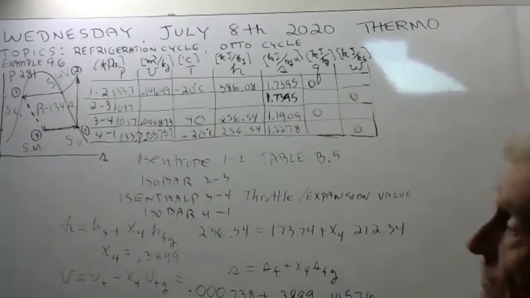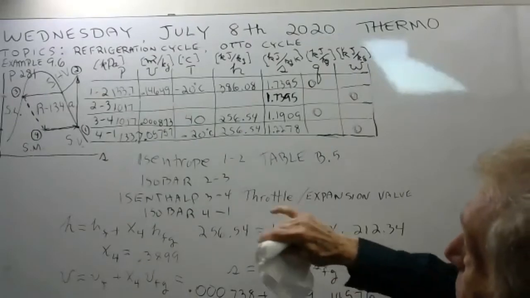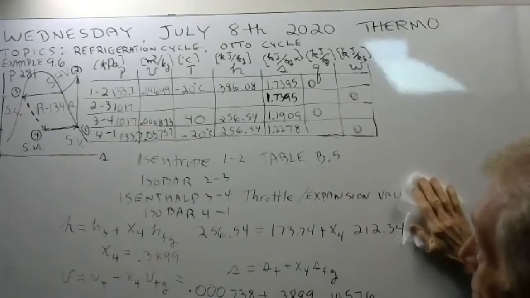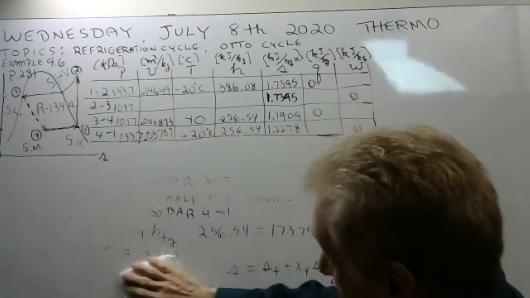In fact, we're going to have to double interpolate. Because see, we don't have 1017. Let me show you what we do have. Let me erase all this stuff.